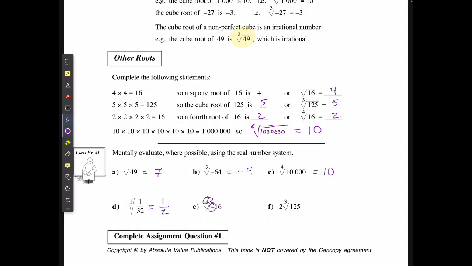It's not mathematically possible. And if I take 2 times the cube root of 125, that would be the same as 2 times, well, the cube root of 125 is going to be 5, and 2 times 5 is just 10.